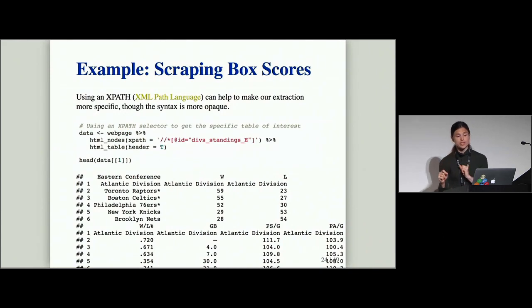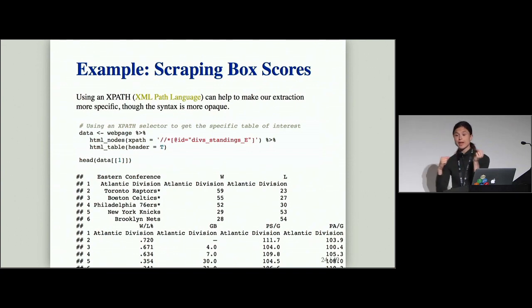So how can we make this more specific? Let's say that I really only want the Eastern Division standings. As an alternative to table, which can maybe be overly broad sometimes if it's a fairly complex page where there are multiple instances of that particular CSS element, I could be more specific by using an XPath.